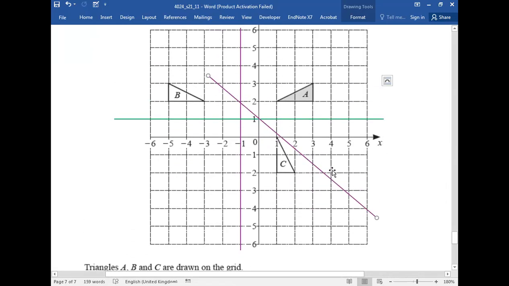Let me see. So we have 2 and 4. So 1 and 2. Something like this. Obviously, when you draw it with a compass, you will get more accuracy.